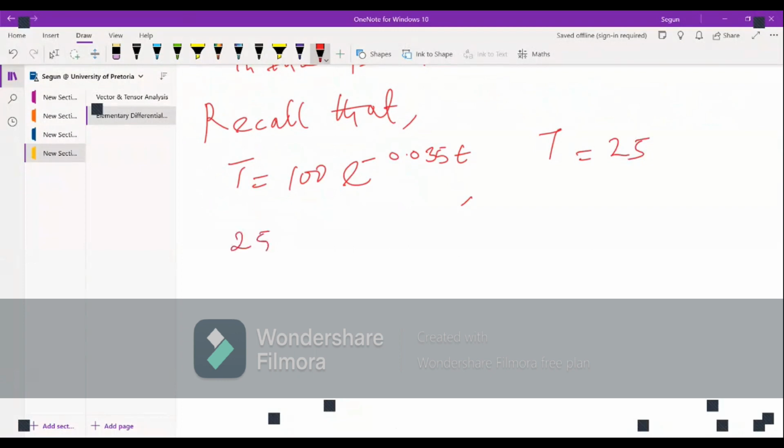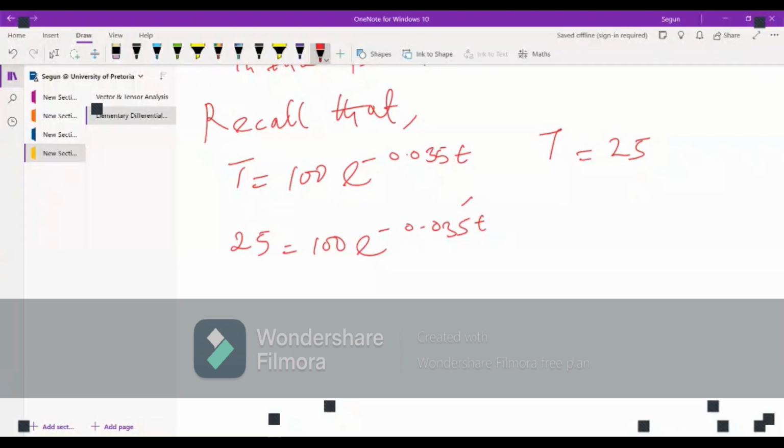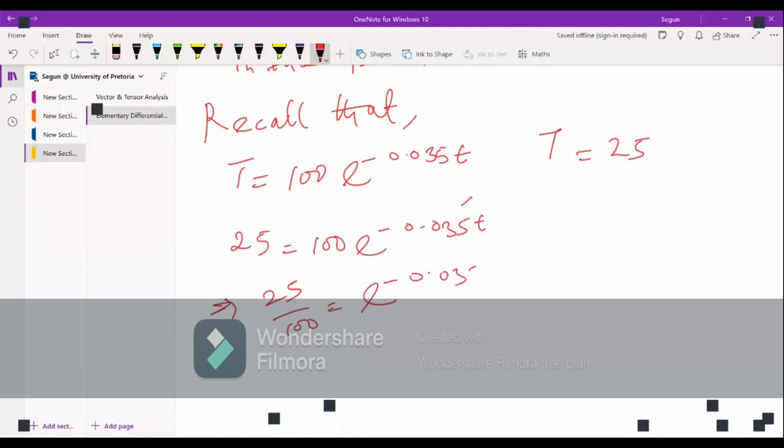Then we have 25 equals 100 exponential minus 0.035t, which implies 25 divided by 100 equals exponential minus 0.035t. So in this case now we have 1/4 equals exponential minus 0.035t. We are looking for t.